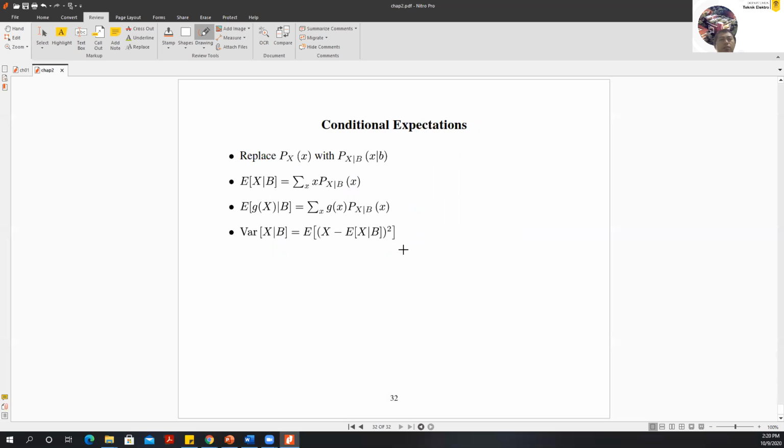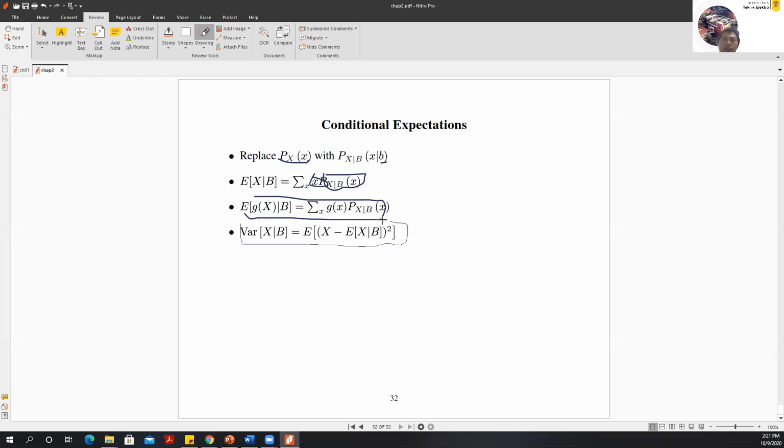This is the consequence of conditional probability. For example, we have p of x, the probability of small x. So the probability of small x given b, we have small x given b here. The expected value of x given b is also something like that.